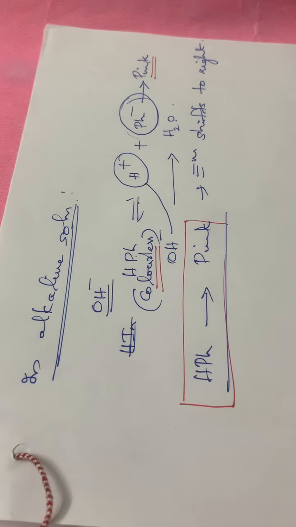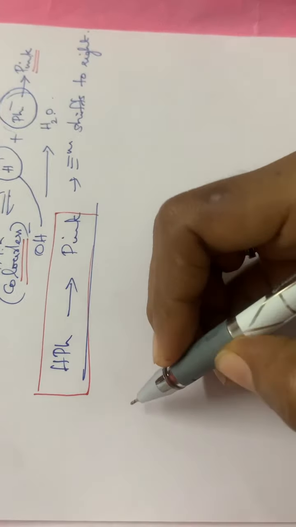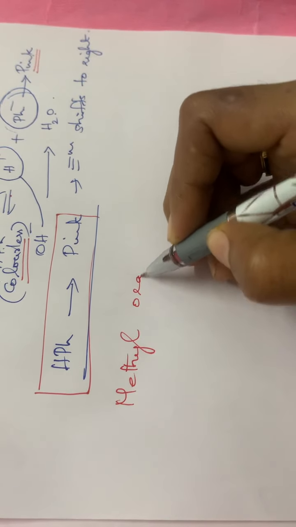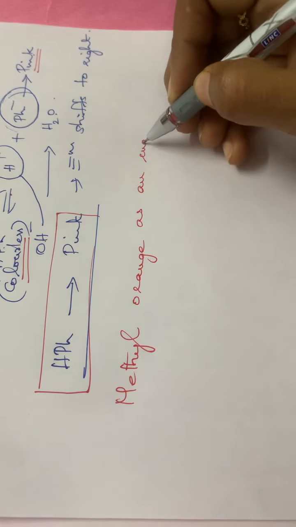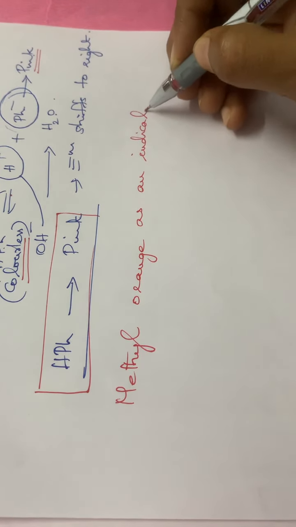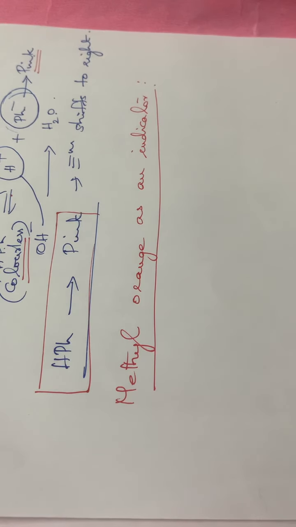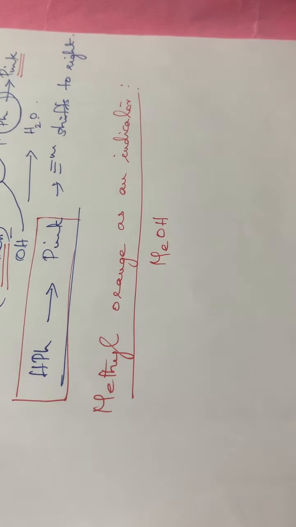Then the next indicator, that is methyl orange. The theory behind methyl orange as an acid-base indicator. Methyl orange, as I had already written, is represented by MeOH.